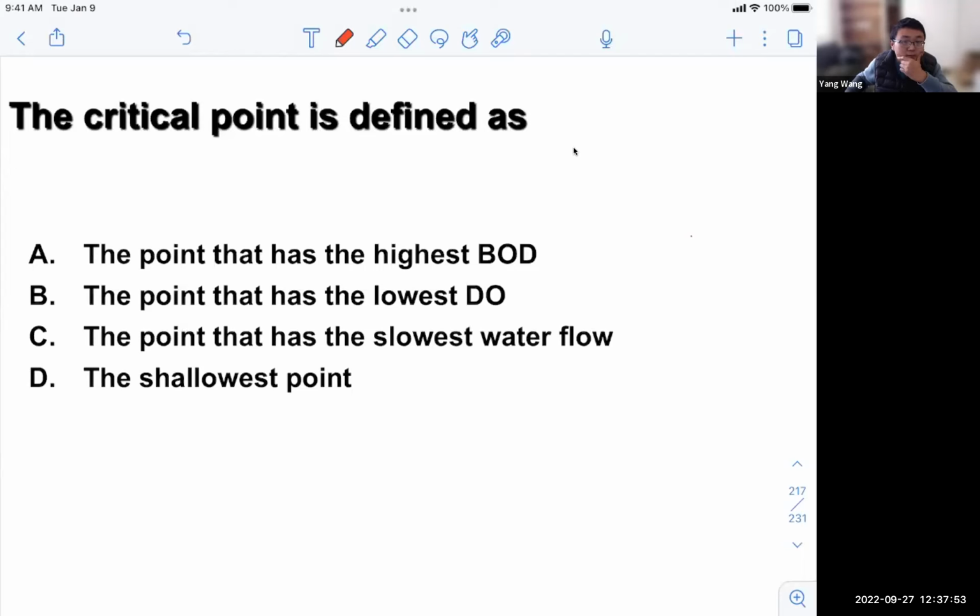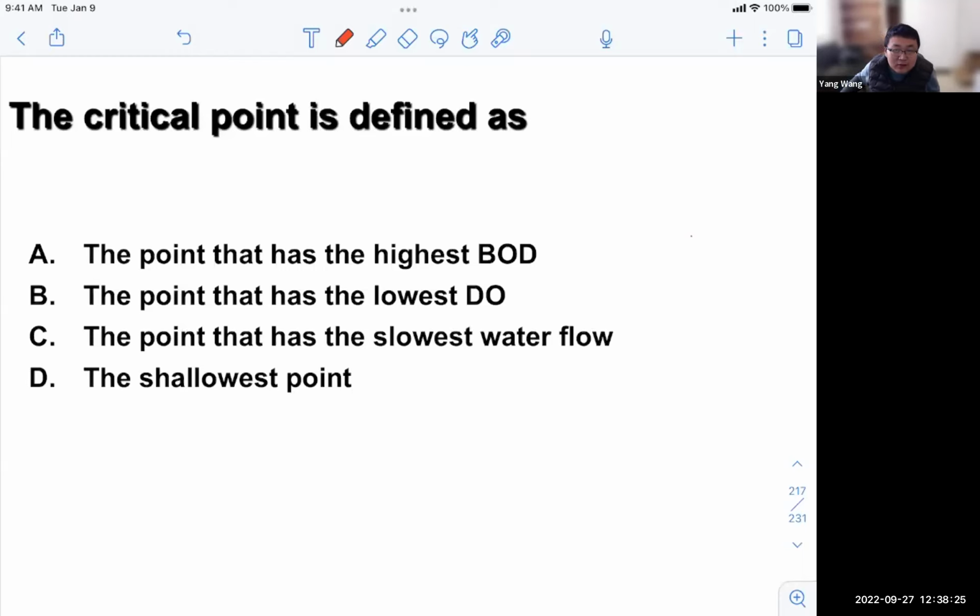Okay, so what is the critical point? I just launched the quiz. Okay, let's give it maybe 1 minute. Well, no need to wait for 1 minute.